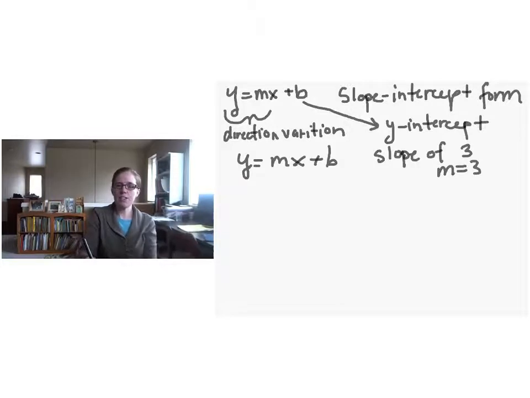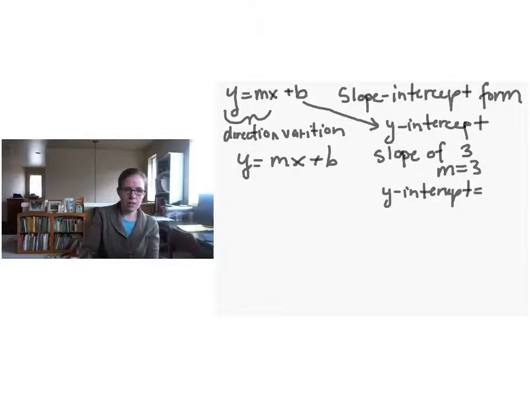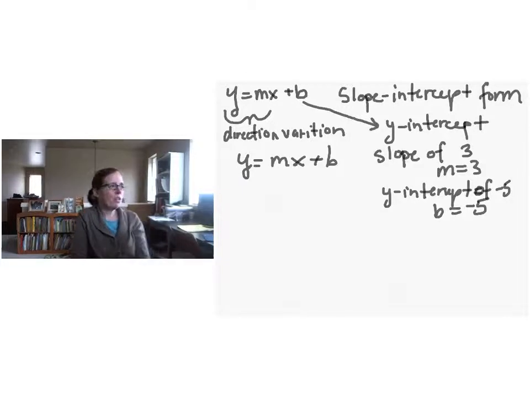And a y-intercept of -5. And y-intercept is the b part, right? Yep. So if we have the equation y equals mx plus b, and we know that m equals 3 and b equals -5, what does that look like?